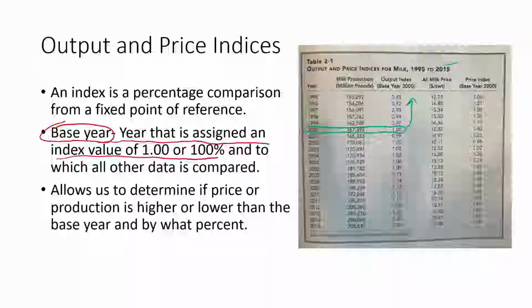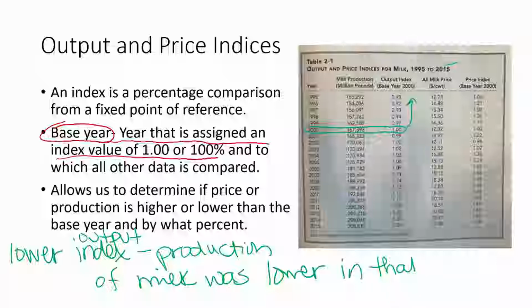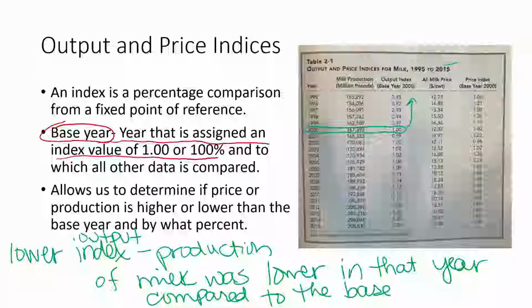What that means is, let's say a lower output index means that production of milk was lower in that year compared to the base year. In this case, our base year is 2000.